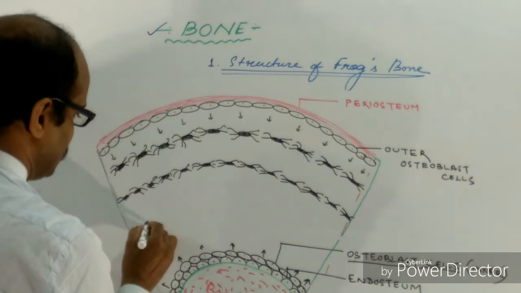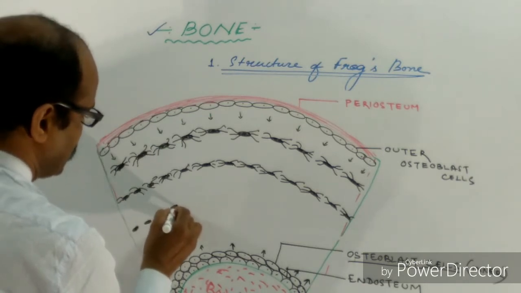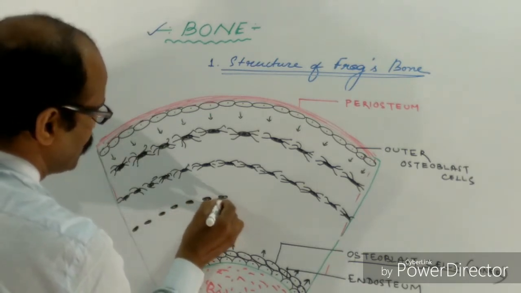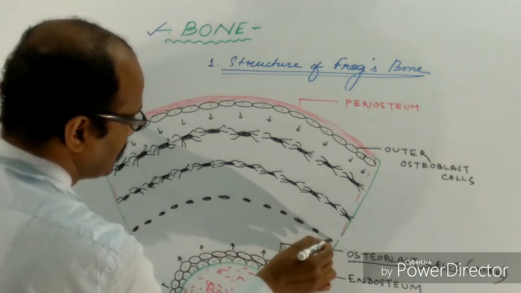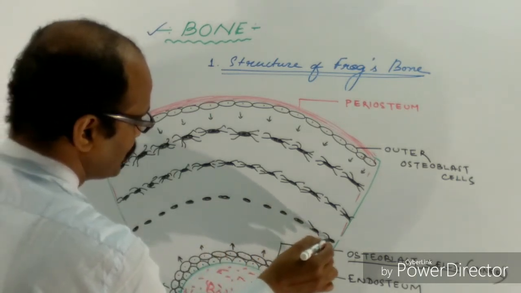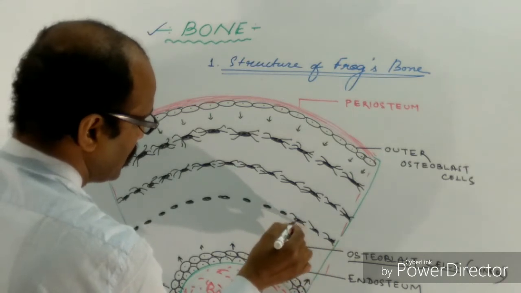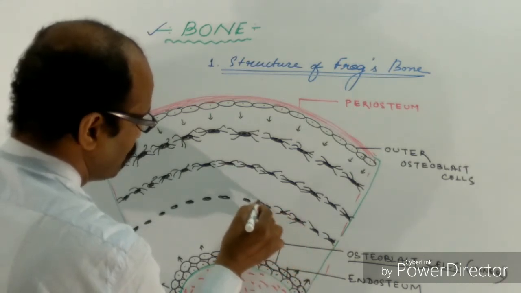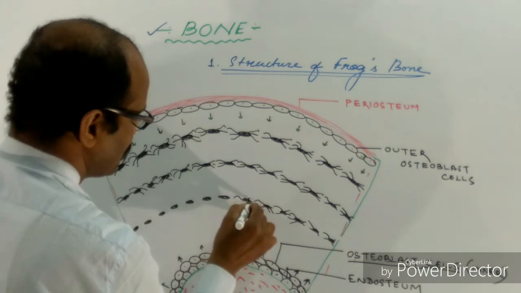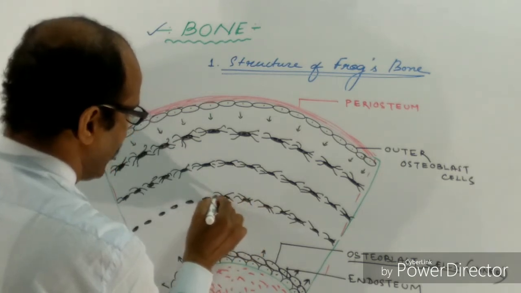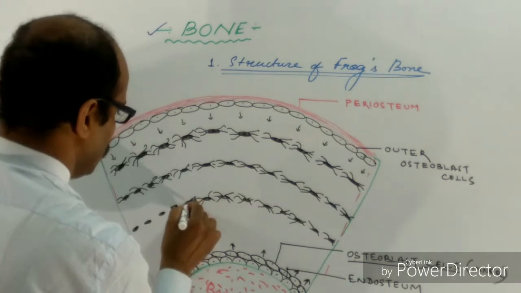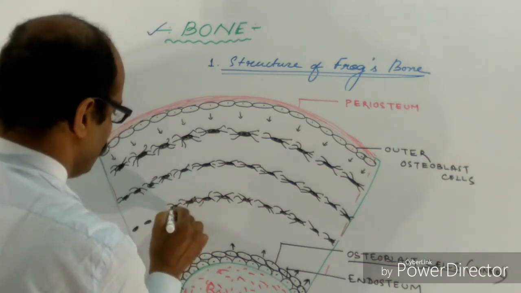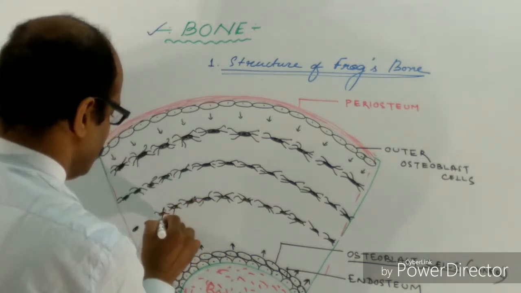And suppose that this is another concentric layer of osteocyte cells. So because of the presence of so many concentric layers of bone cells, the matrix of bone is divided into a number of plate-like structures. So this is the concentric layer of bone cells.